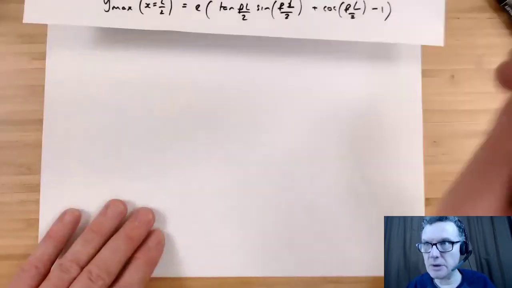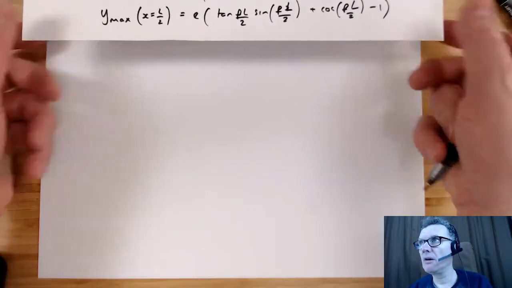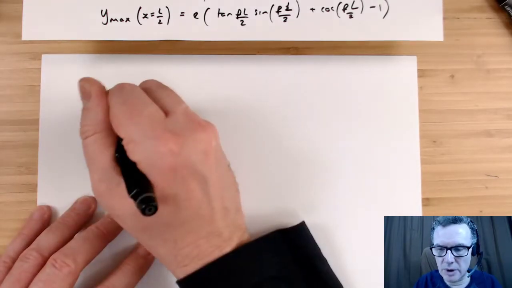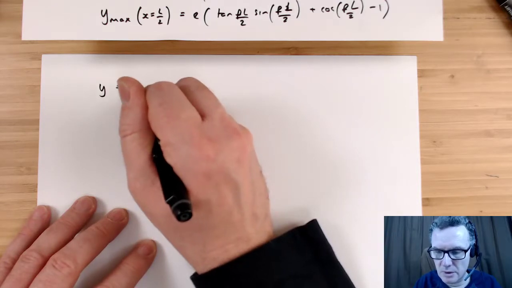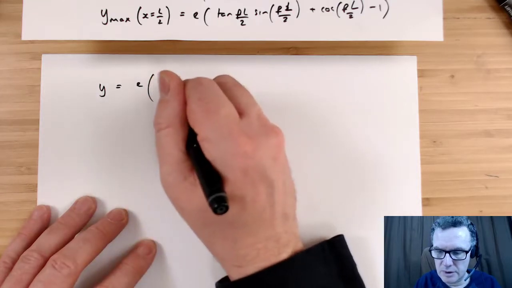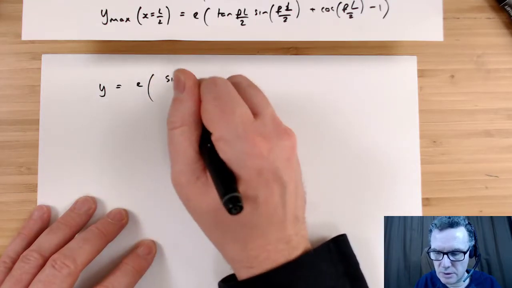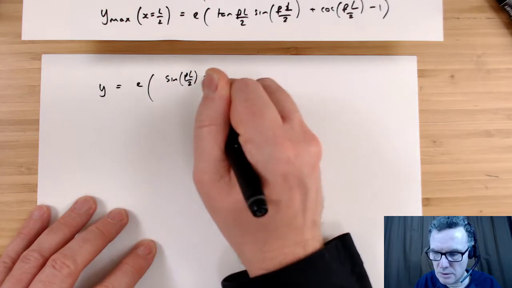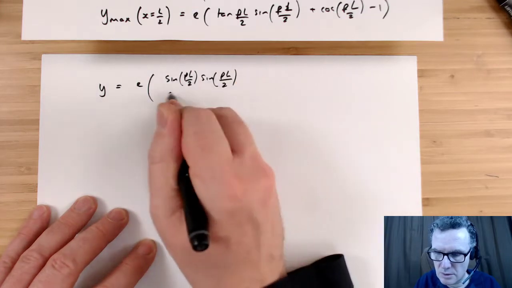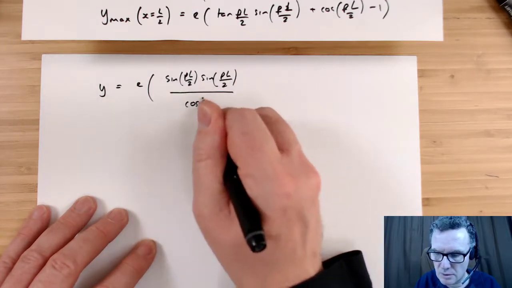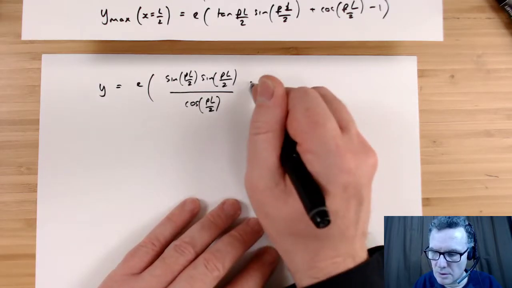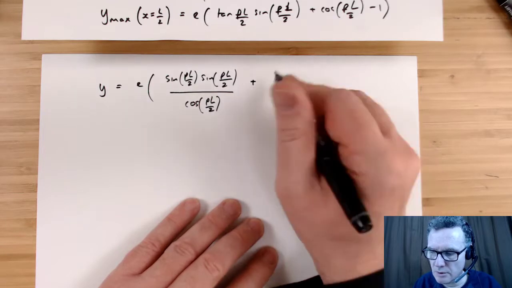Okay, now let's tidy that. So that's going to be y equals E sine over cos plus, we've got cos here.